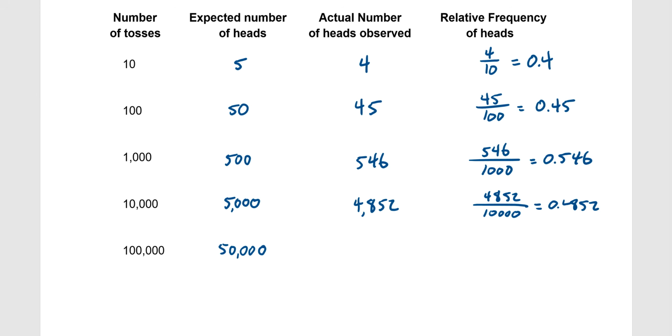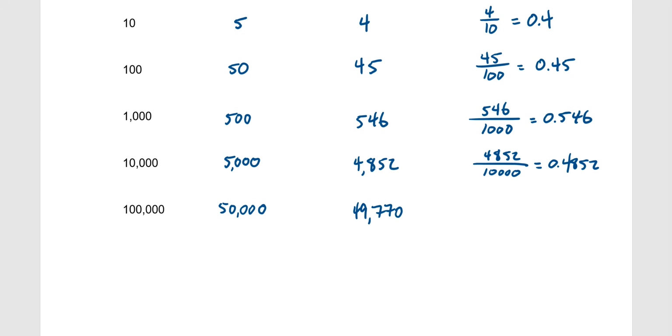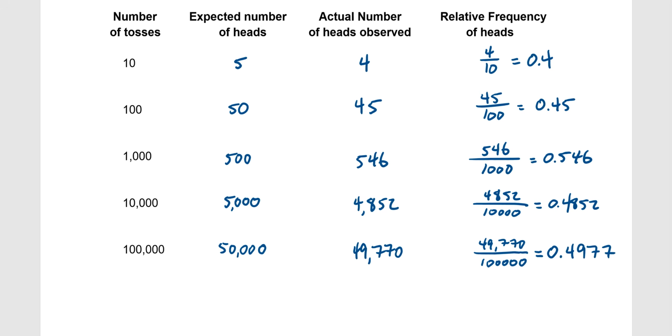And for the last one, we have 100,000, and let's say we get 49,770 heads. That's going to give us a relative frequency of 49,770 over 100,000, which is going to be 0.4977. We don't need to write the 0 at the end.